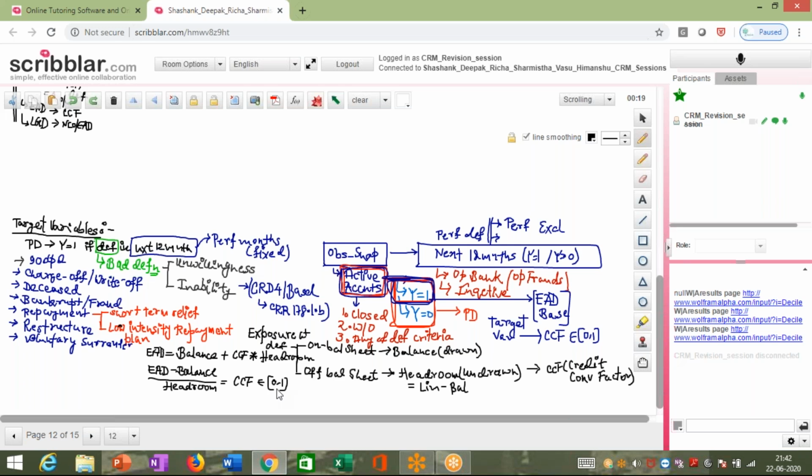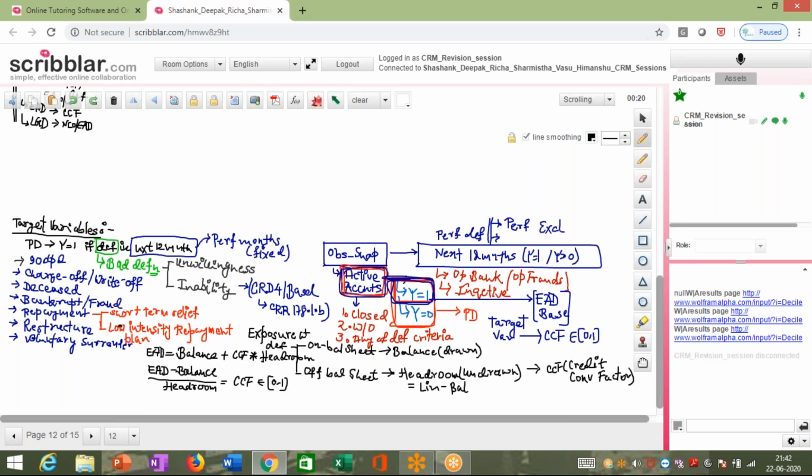So what I'm trying to find out is, from the snapshot to the point of default, what has been the rate at which they have used that undrawn balance, right? That as a percentage of the headroom will be my CCF. It will be the rate at which that undrawn credit is getting converted into the on balance sheet credit, or into the drawn credit.